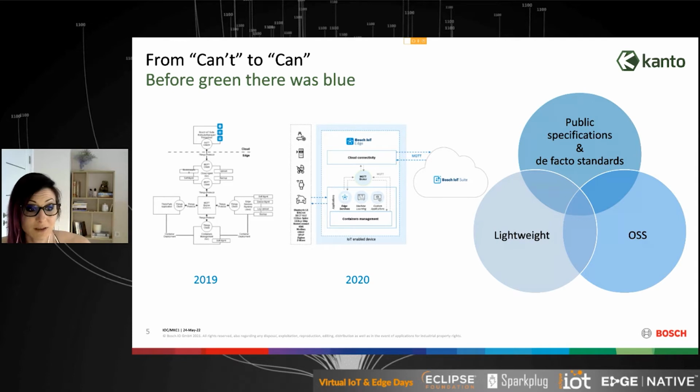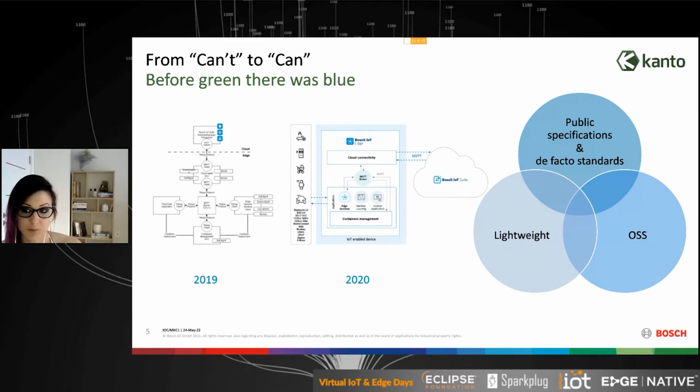What you see here on the left-hand side is from 2019, when we started. It's currently not really a sketch, but let's say the architecture, how it looks in the core. Back then it was called the Bosch IoT Edge Agent, and it's a simple idea of adopting several concepts, and all of the decisions that we took at that time were driven by three main ideas.